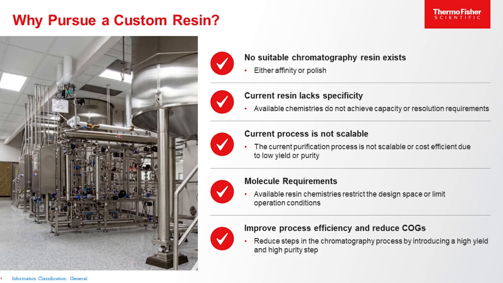Another reason may be the molecule requirements, so the available chemistries restrict your design space, or the operation conditions are not suitable for your process. And the last reason may be to increase the process efficiency and reduce cost of goods by having this high yield and high purity step.